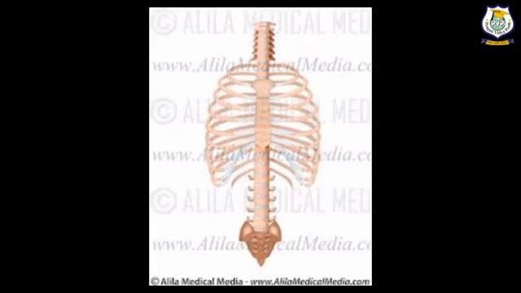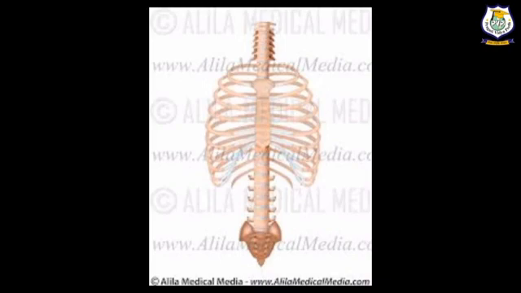Now see the diagram of the rib cage. There are 12 pairs of ribs. They are all connected to the vertebral column at the back. Ten of these rib pairs are connected to the breastbone, called the sternum.